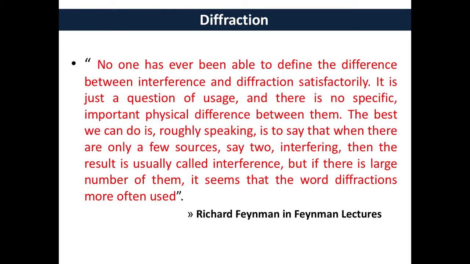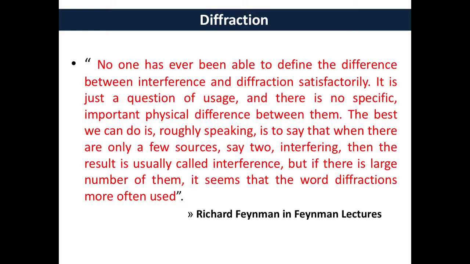One of the great scientists, Richard Feynman, has already told us that no one has ever been able to define the difference between interference and diffraction satisfactorily. It is just a question of usage, and there is no specific important physical difference between them.